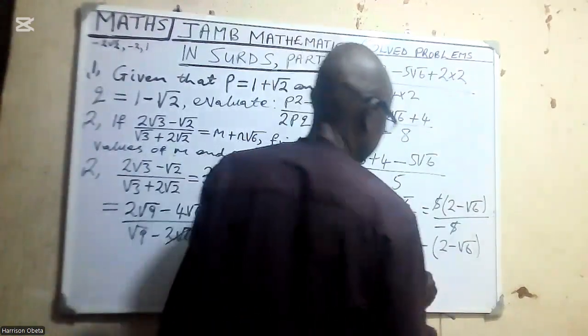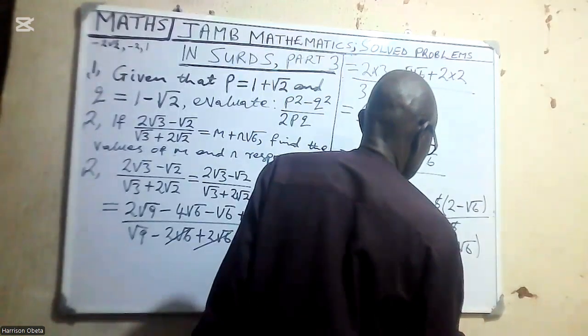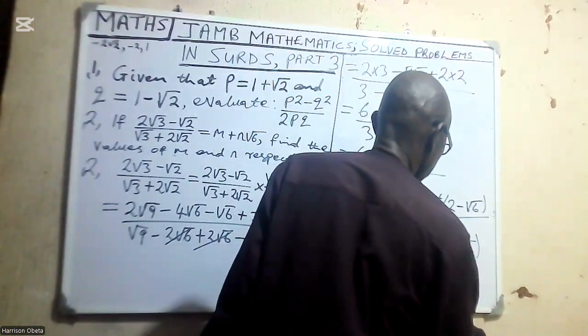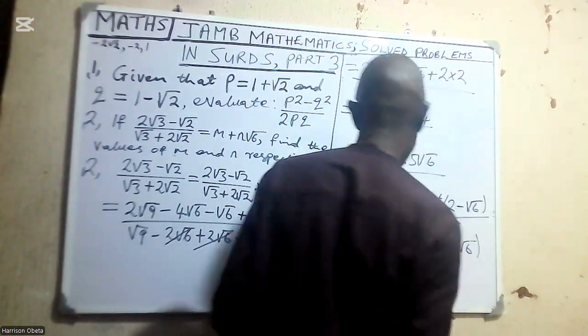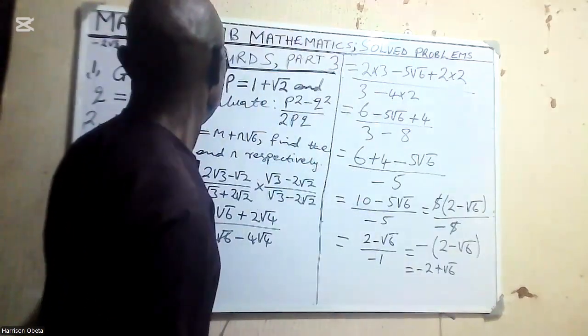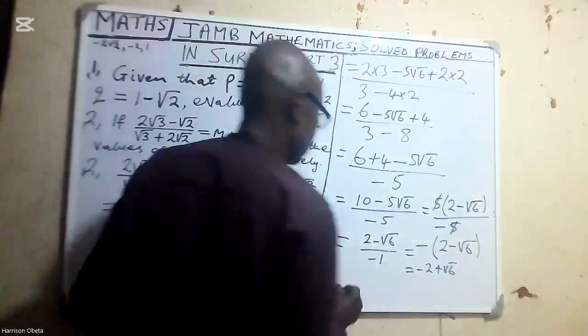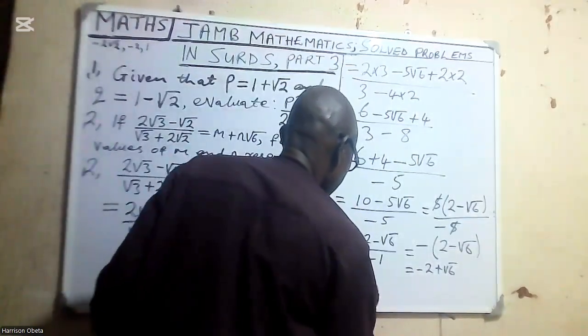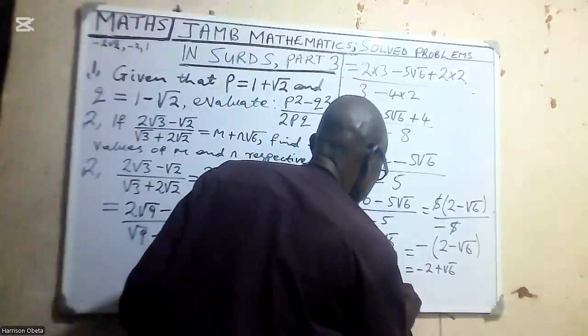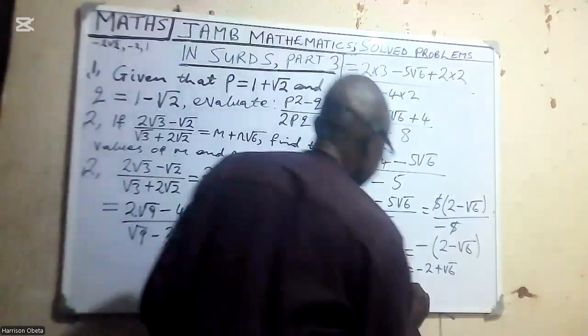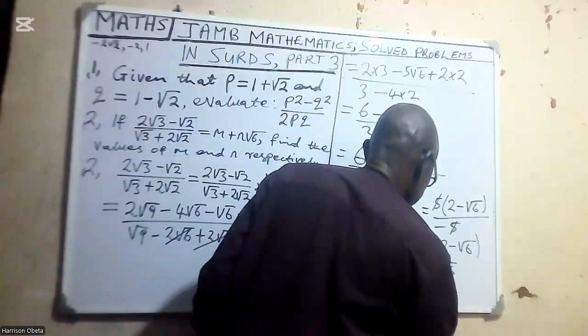And if you open the bracket, this is the same thing as minus 2 plus root 6. And remember that we have to express it in this form, m plus n root 6. Therefore, our m is minus 2, and our n is equal to 1.